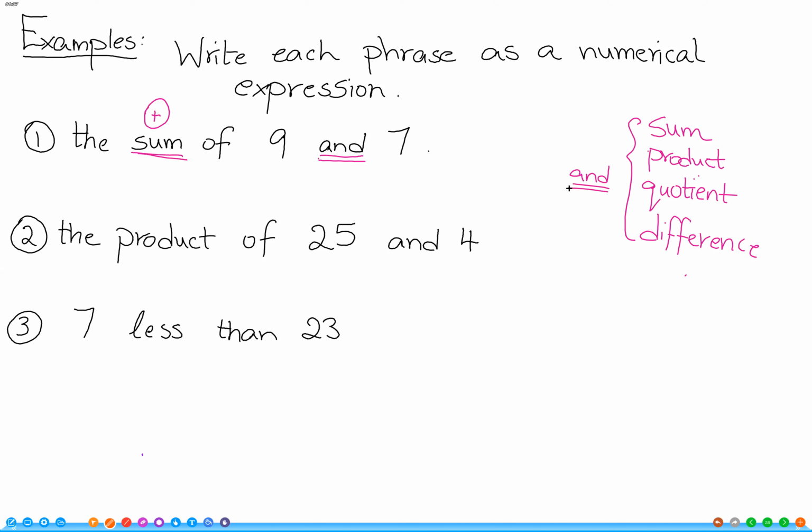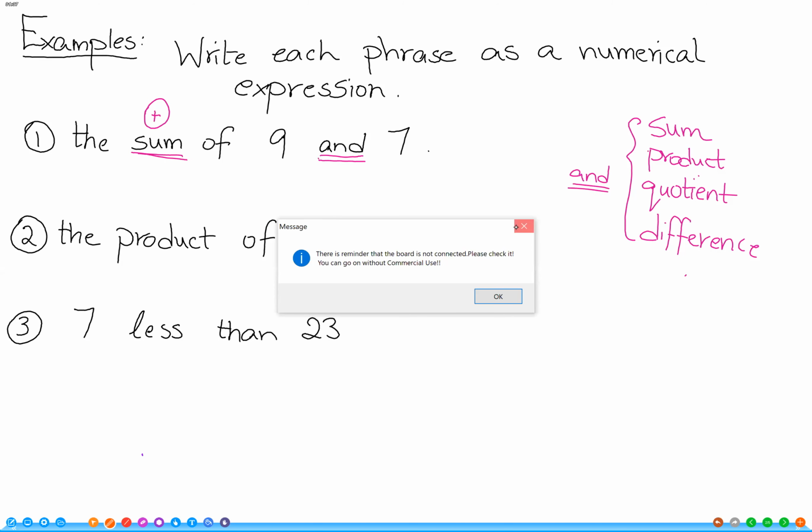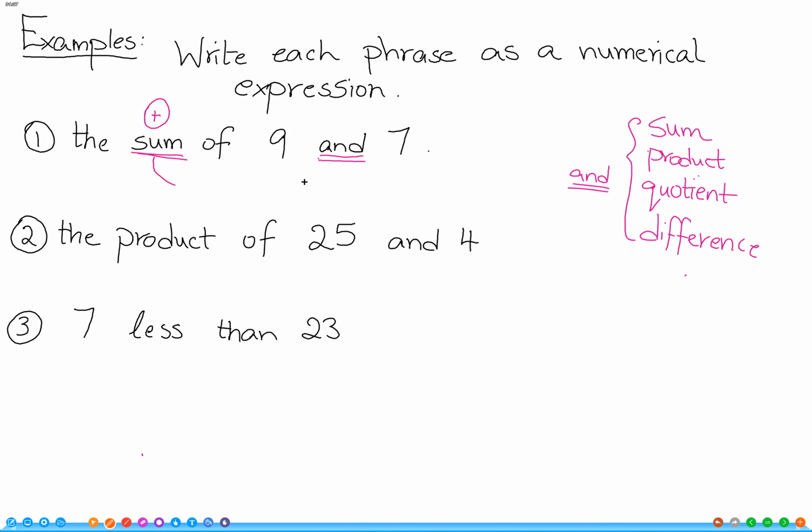Simply because this is where the operation would go. So the addition would go in between these two numbers. So how would I write this expression? The sum of 9 and 7, it would be 9 plus 7. So instead of the and, I would put the addition.